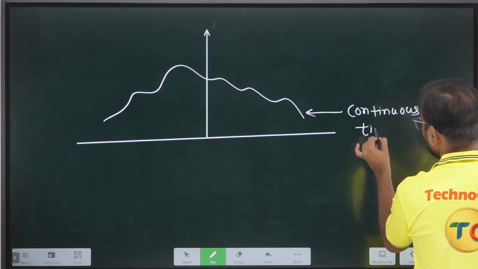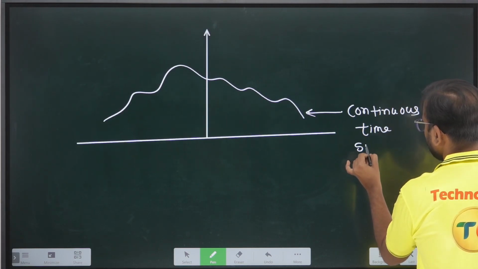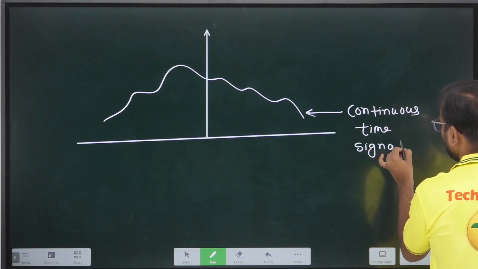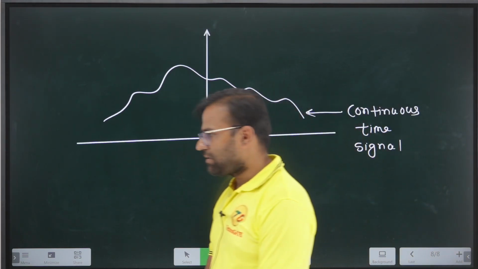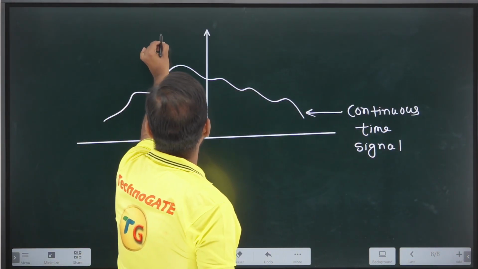This is known as continuous time signal, and let's say this is x of t.